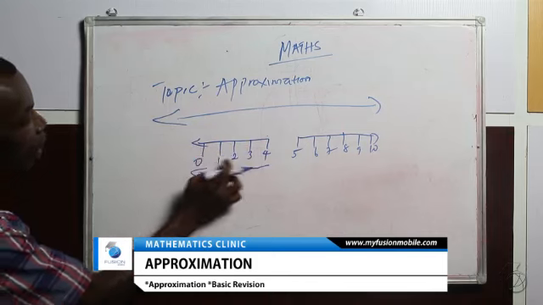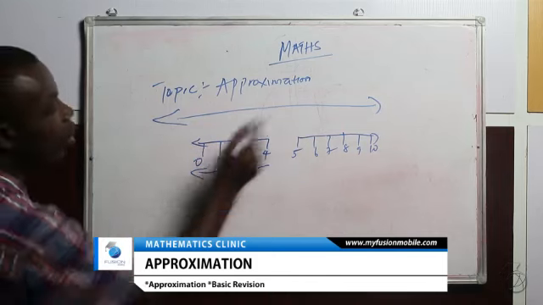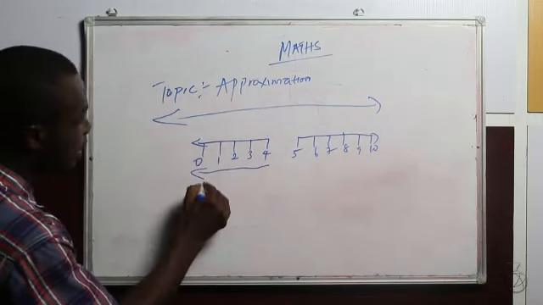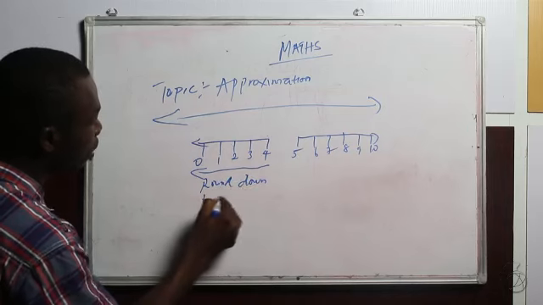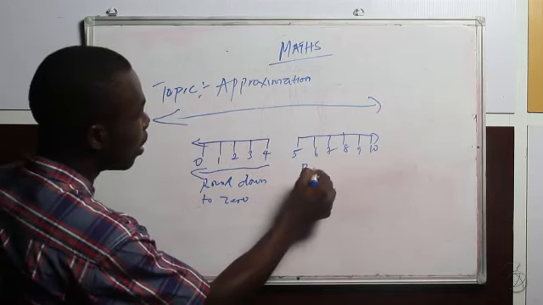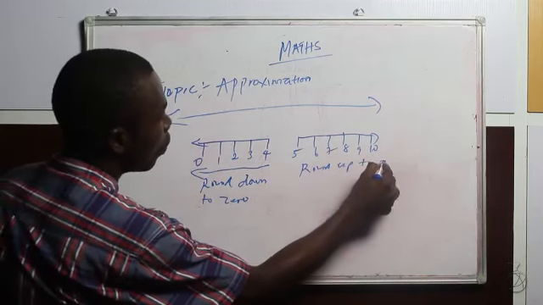Now, from 1 to 4, we discovered that we cannot round up to 1, because this place is rounded down to 0. As our movement shows, this is rounded up to 1.